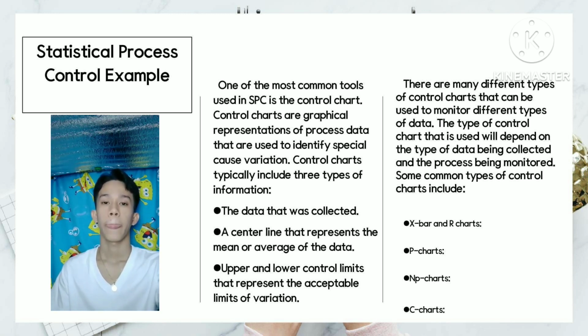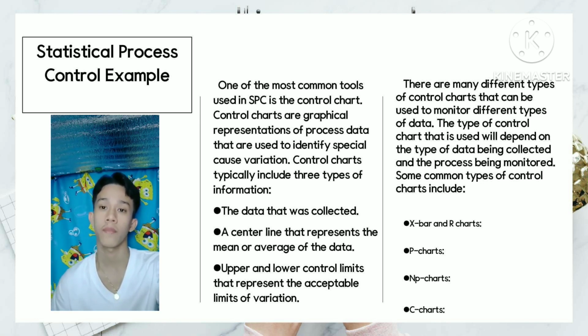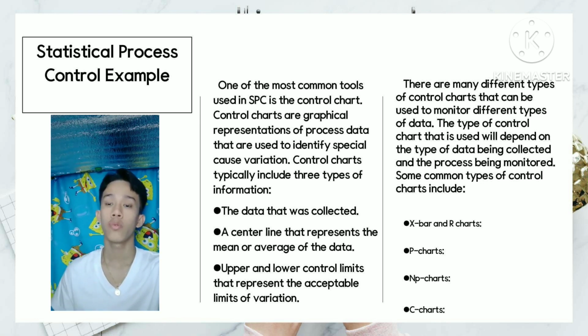Control charts are used to determine if a process is in statistical control. This means that the process is operating as it should, and that the variation present is due to common causes.